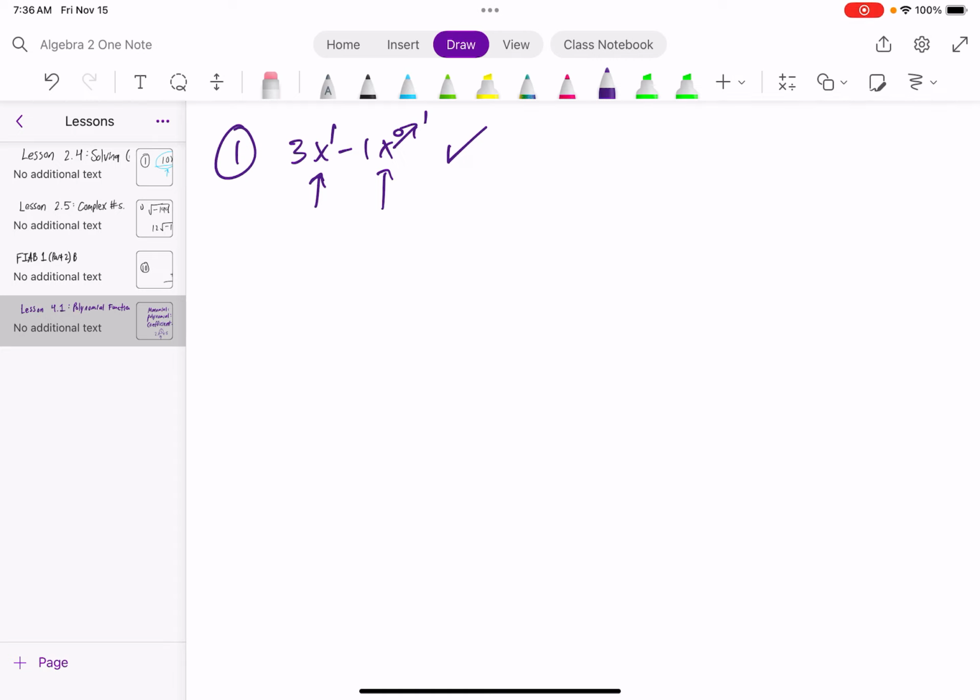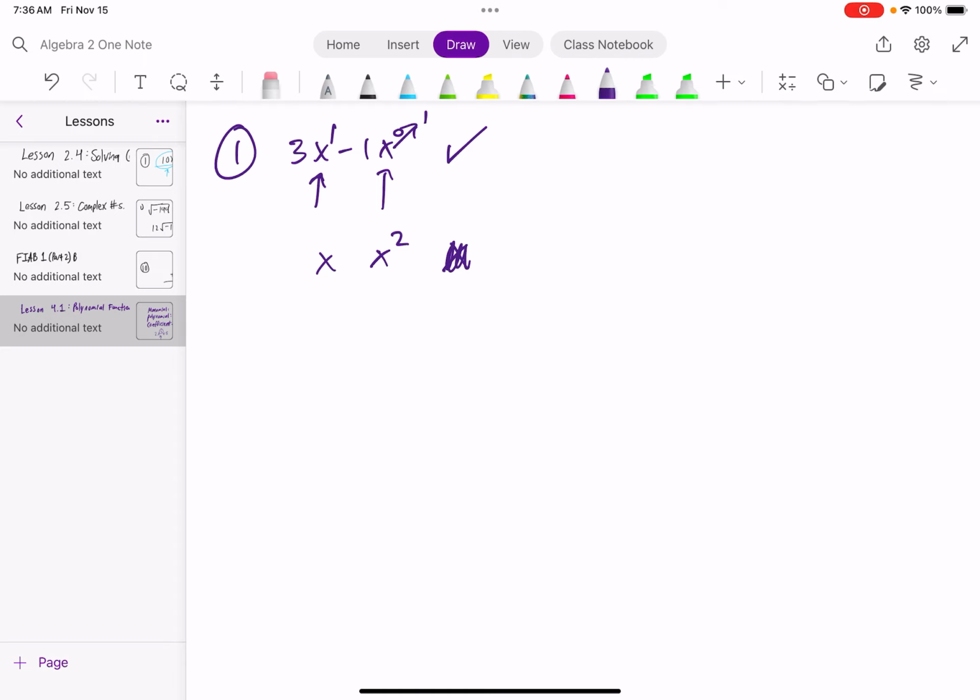What about this one? The second one is not. You could clearly see that it goes from no x to x and then to x squared. So no, that is not it, right?